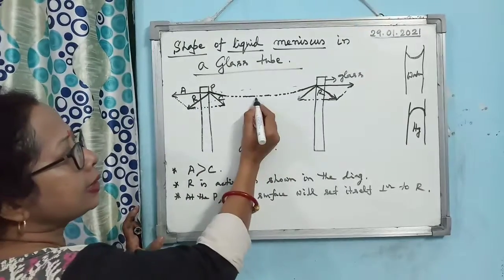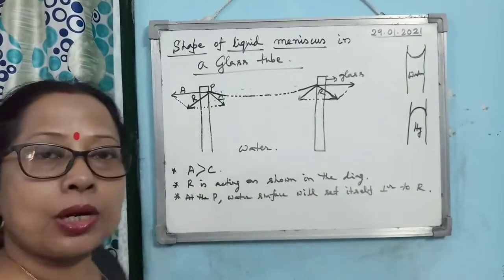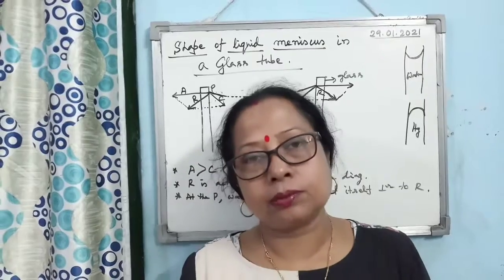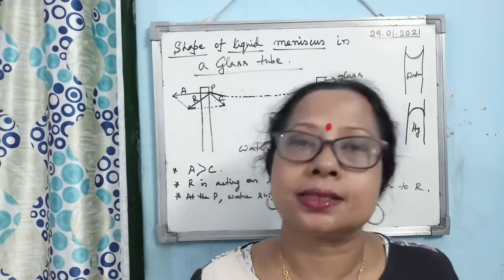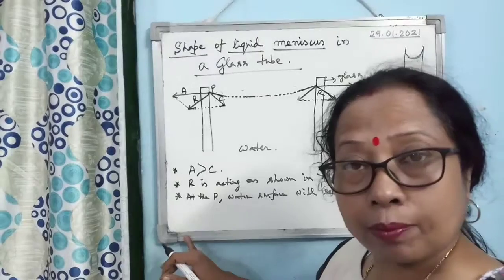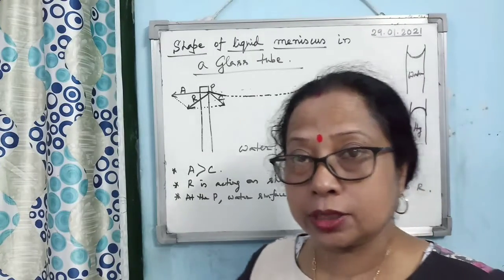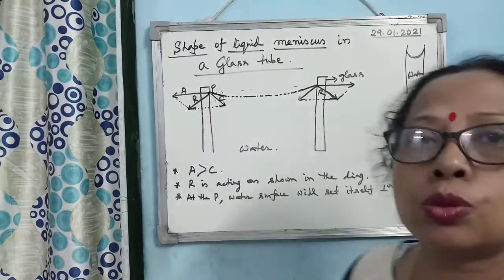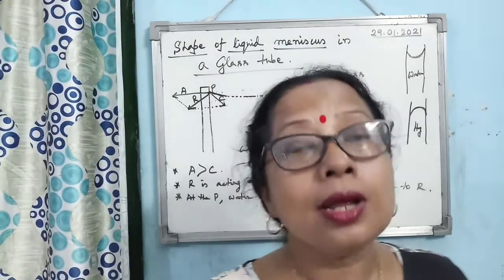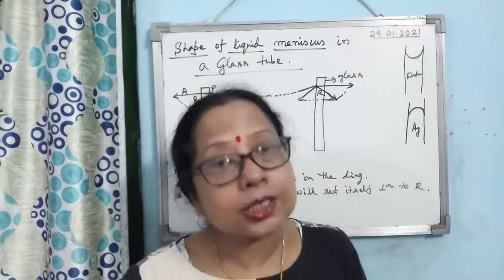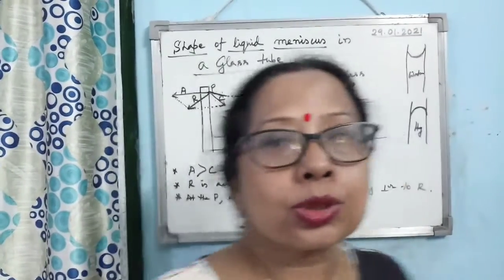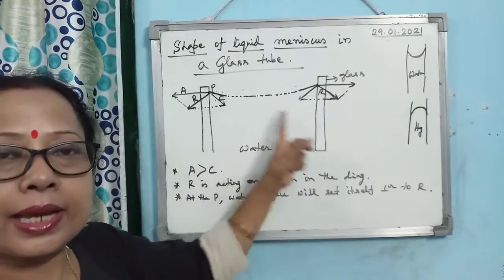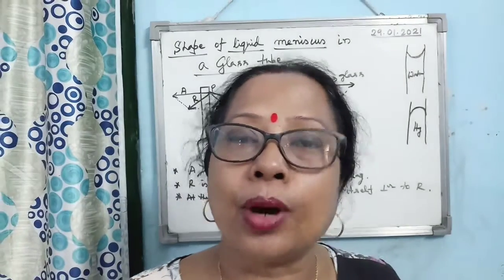And what you can write in the middle portion where the water molecules are not touching the glass surface, their free surface will remain as it is. I have not written it, but I am saying it verbally. It is your duty to write down the next point. The water molecules that are not touching the glass molecule, that region will maintain its own free surface. So as a result, the meniscus of water in glass will take the shape concave upward.